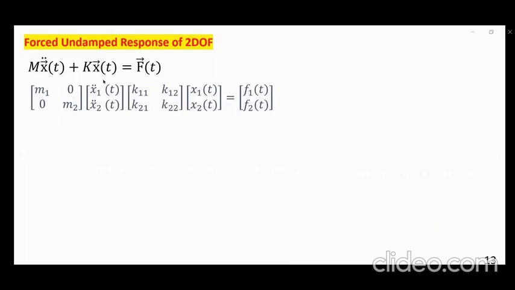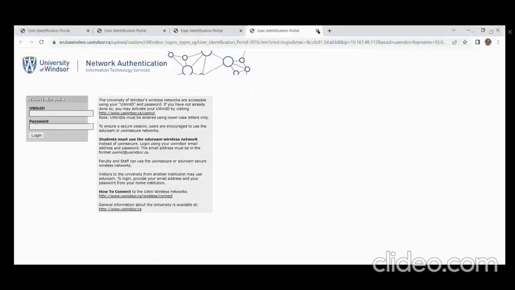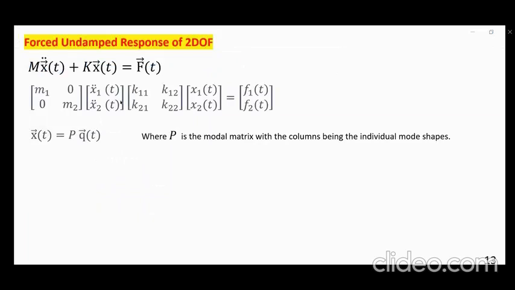Okay, now this is the long version of what you see on the top. Now, through this modal matrix, in other words, after you find the 2 natural frequencies and the 2 mode shapes associated with them, if you take those mode shapes and you put them in the columns of the matrix P, you get the modal matrix.